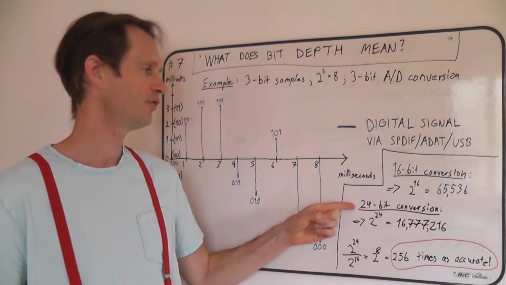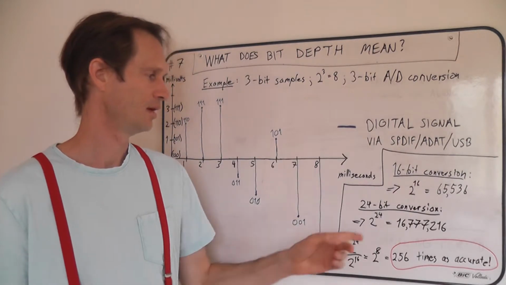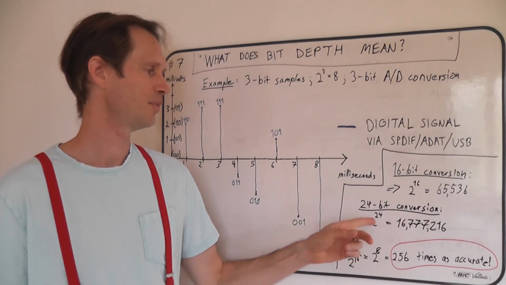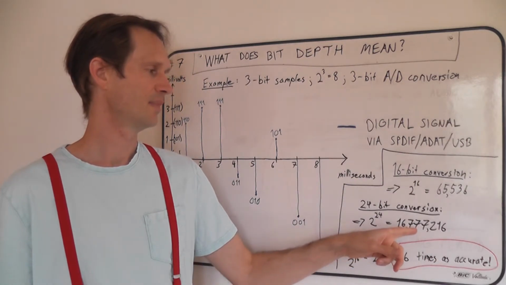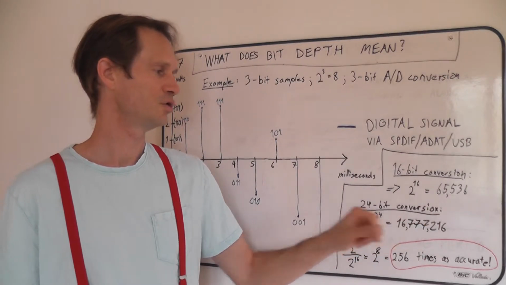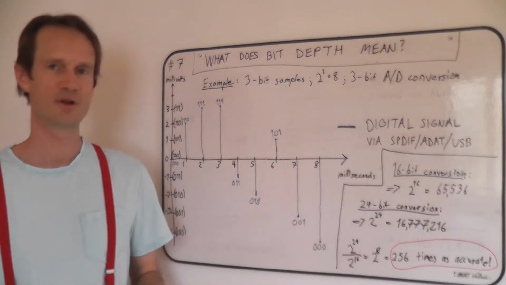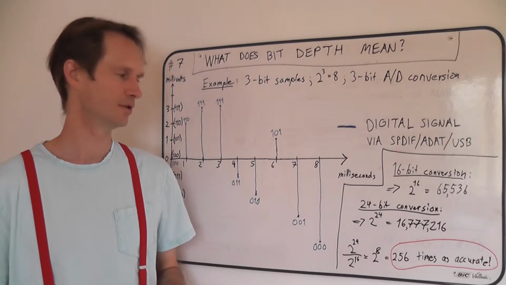If we look at 24-bit conversion, which is another common standard, we calculate 2 to the power of 24, which is 16,777,216 different steps of amplitude that we can use to encode our signal.